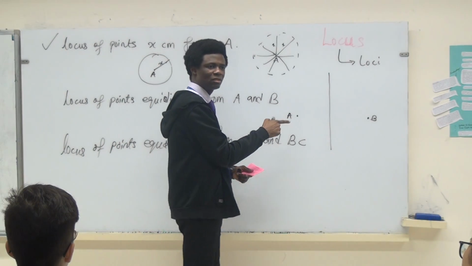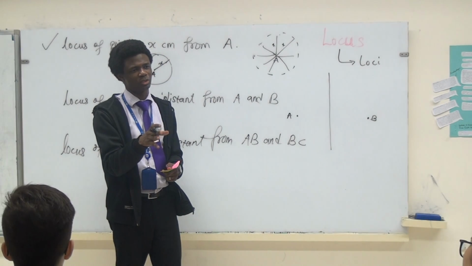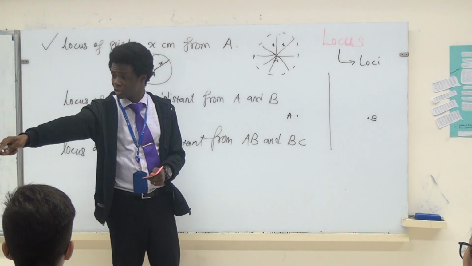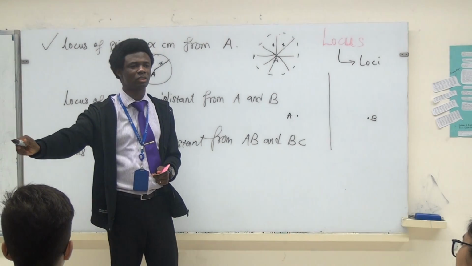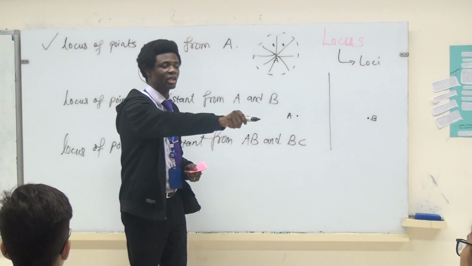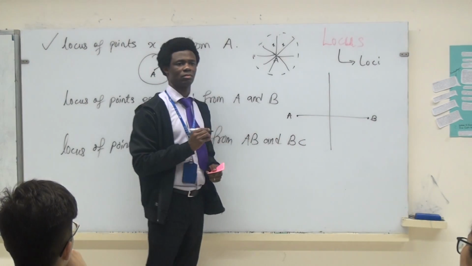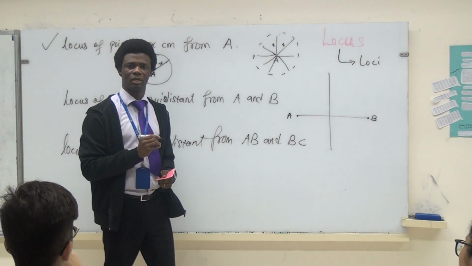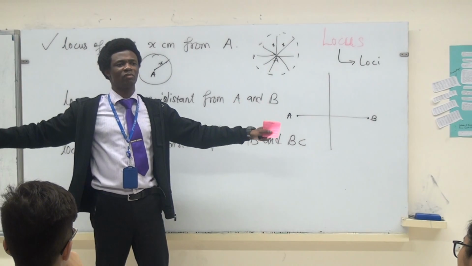What do we call that? Line of symmetry? No, that's not the language of construction. Say it out loud. Bisector. Bisector of what? Of the straight line AB. That's it.